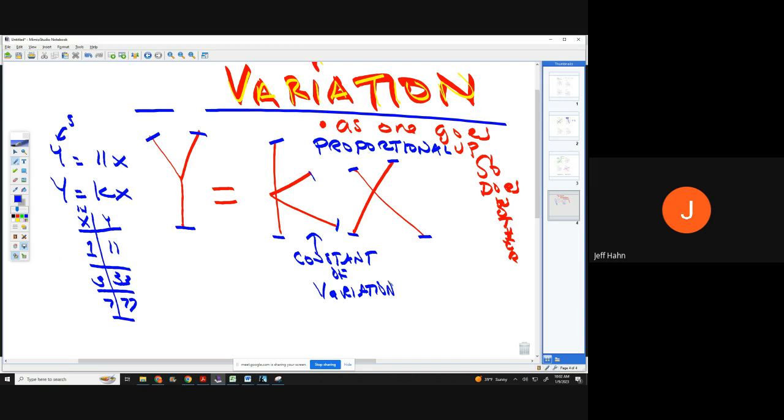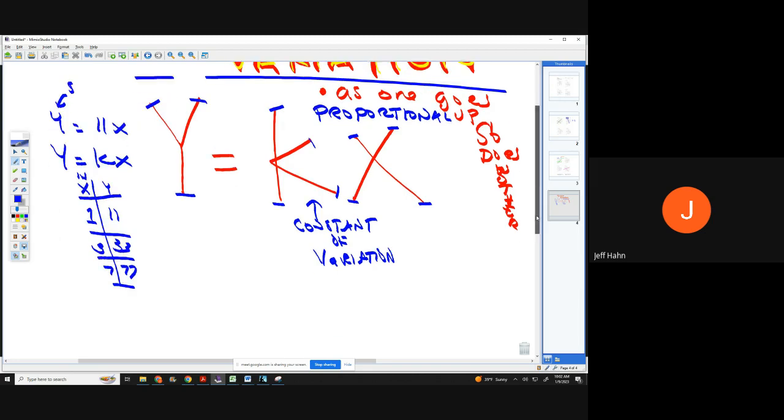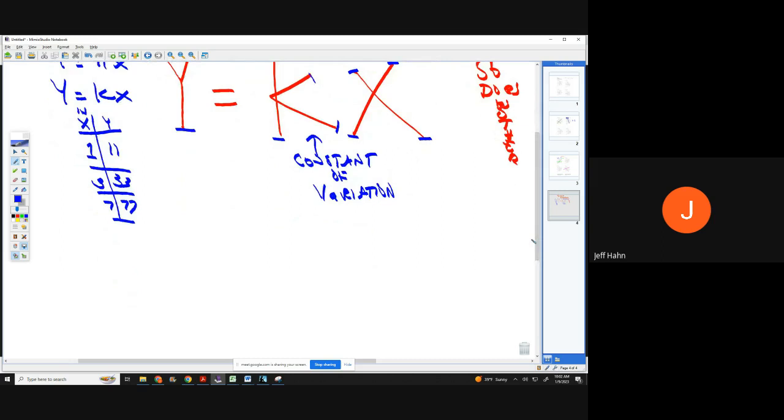Now, with that being said, this was the part where I was going to get at here. If you have y equals kx, I can rearrange all those numbers and make two other equations out of those. If I asked you to take this equation and solve it for x, what would x equal?